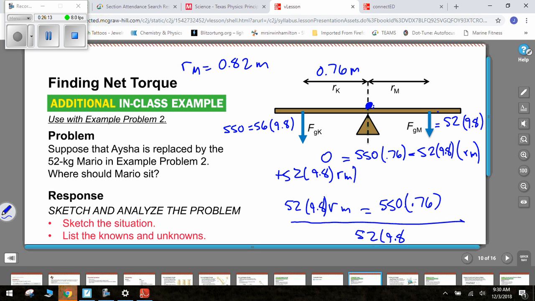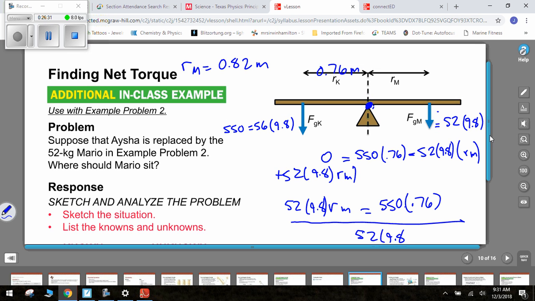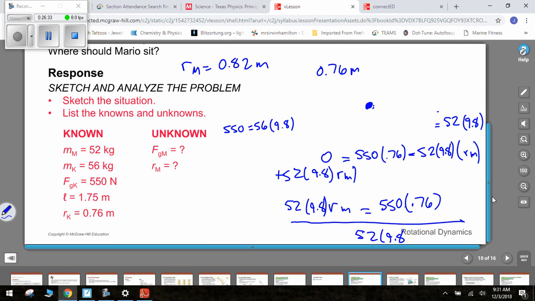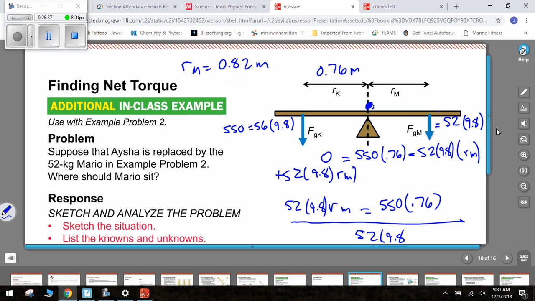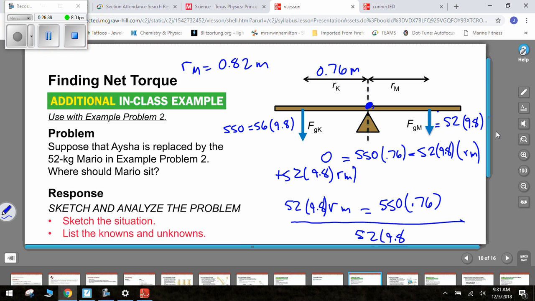I've got a question now. Will this work? Will it or will it not? Why wouldn't it work? Well, Mario needs to be at 0.82 meters to balance. So way back, one of the givens down here was that the total length of the beam is 1.75 meters. So I got to check real quick just to make sure that it'll still work.